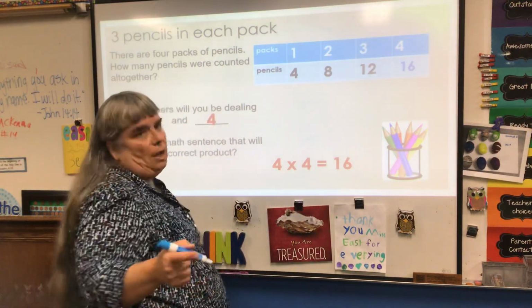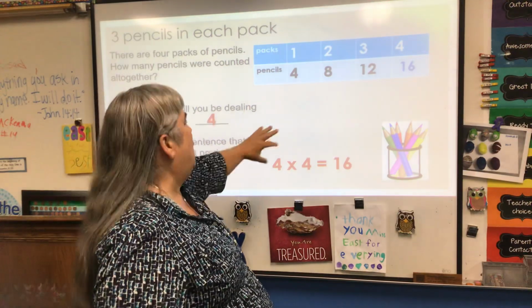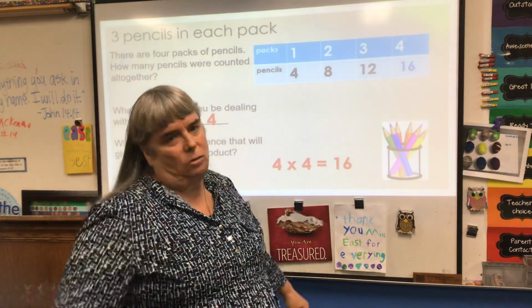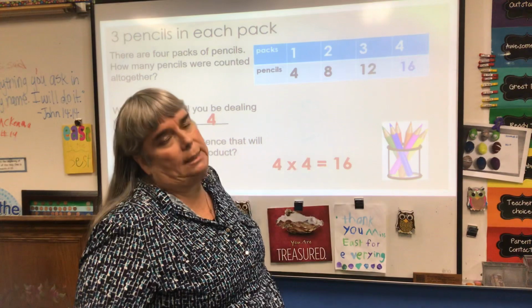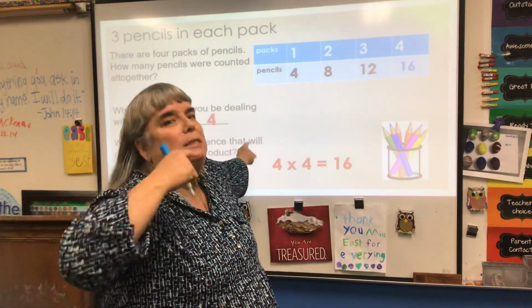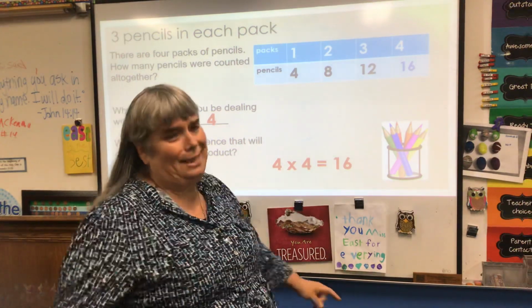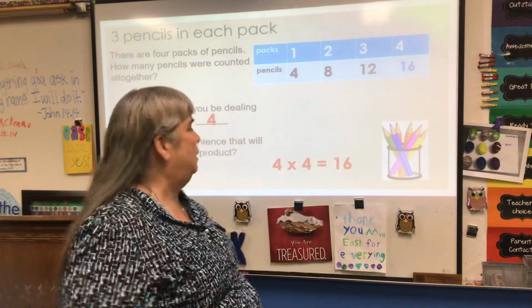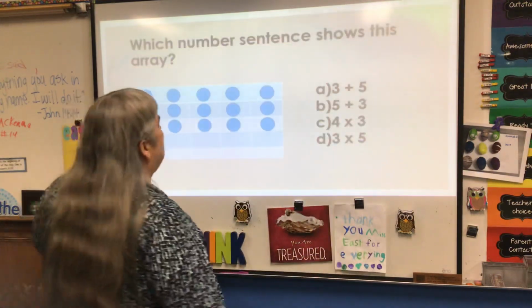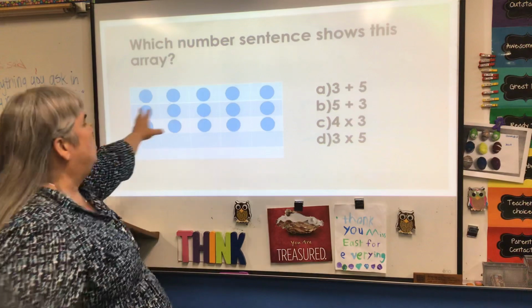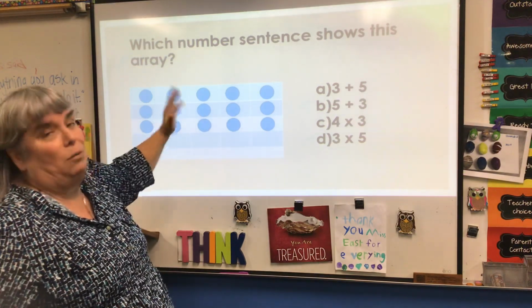Now, some of you might have gotten a PowerPoint that has a little bit different slide with different numbers. That's okay. It's still going to be the same idea. And by the way, this is not the question that's on the test, because I always change it up a little bit.